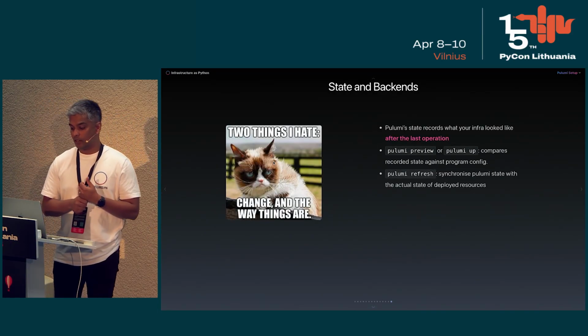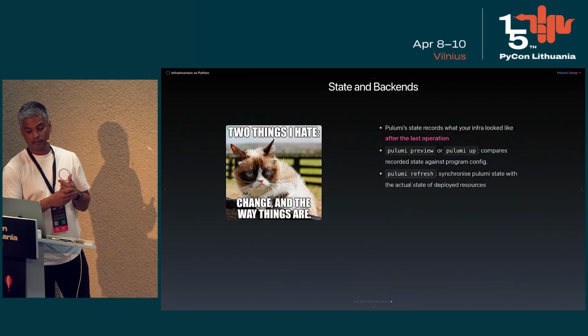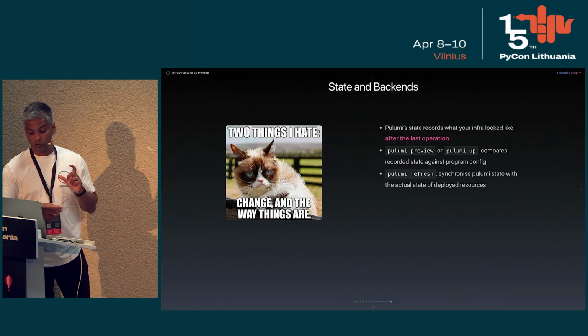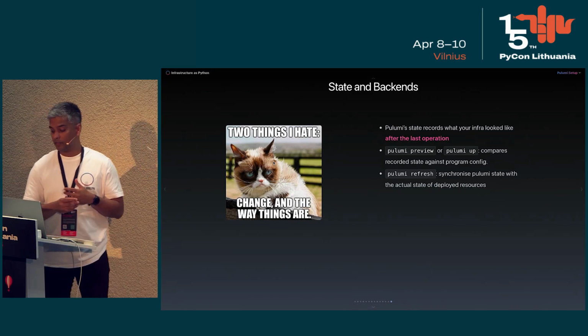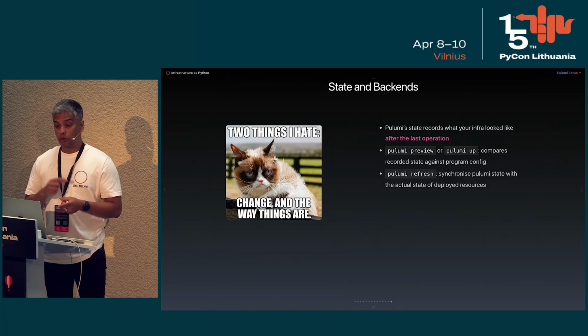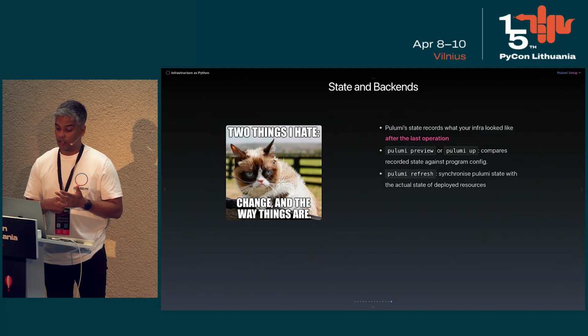Right, time to talk about state and backends. So Pulumi state records metadata about your infrastructure, so what it looked like after the last operation. Pulumi preview and Pulumi up commands compare the recorded state, so what's in that state file, with what you have in your program configuration. And finally, Pulumi refresh synchronizes Pulumi state with the actual state of deployed resources.